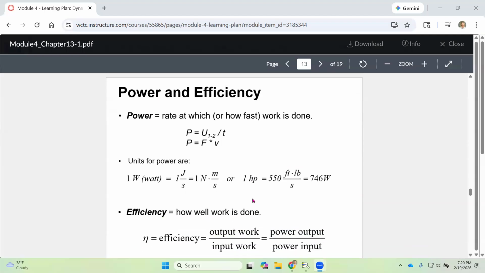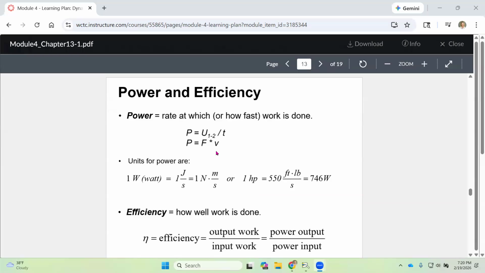Then the last concepts that we want to talk about and then add to our equation sheet are going to be power and efficiency. We did touch on this in, I think it was in chapter 17 in module 3, but as a review, power is going to be the rate at which or how fast work is being done.